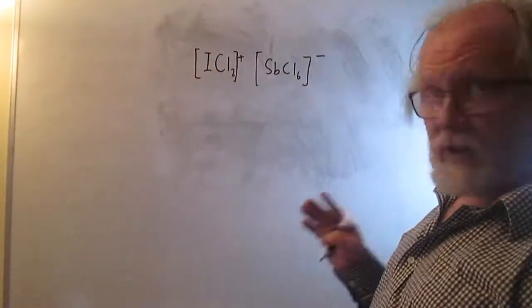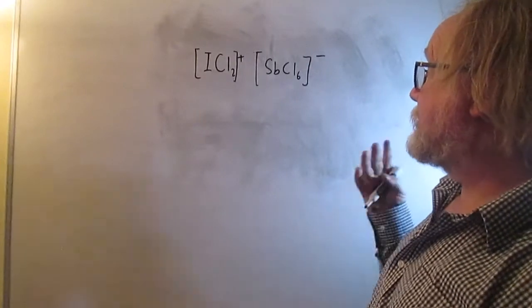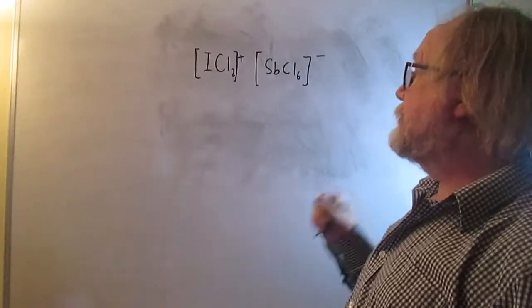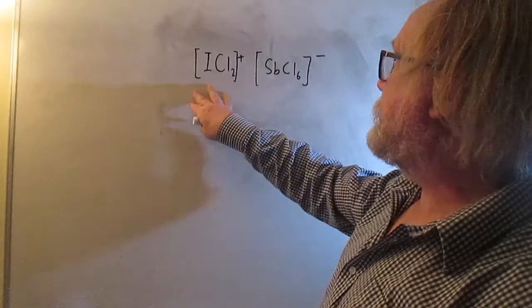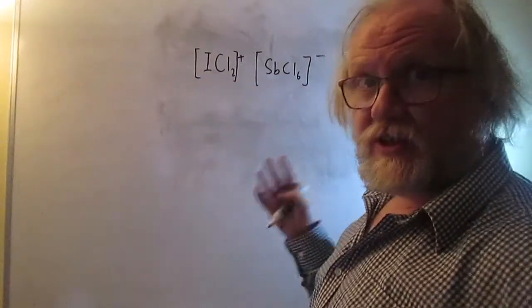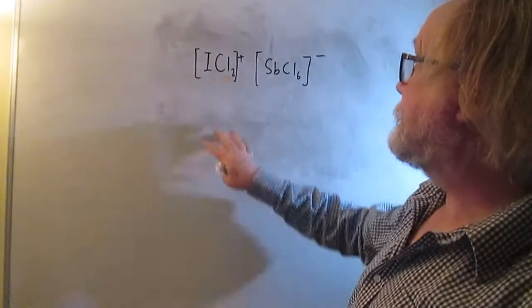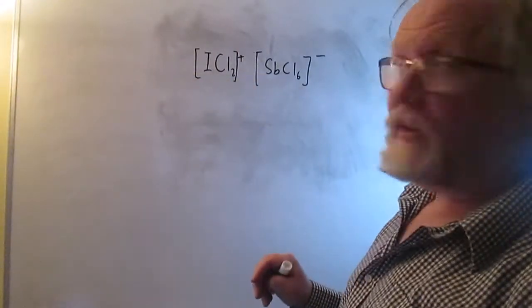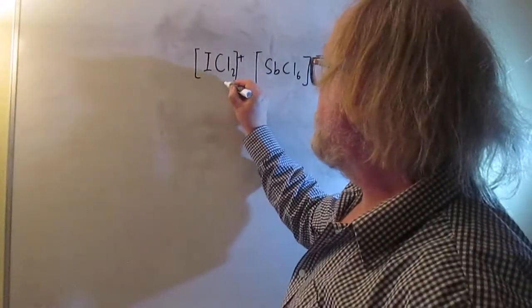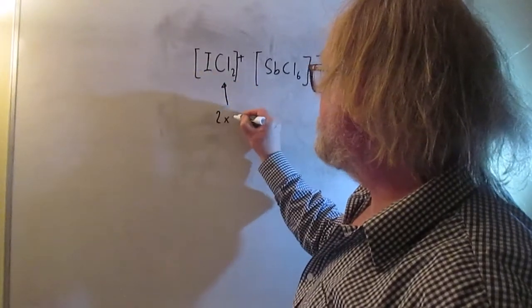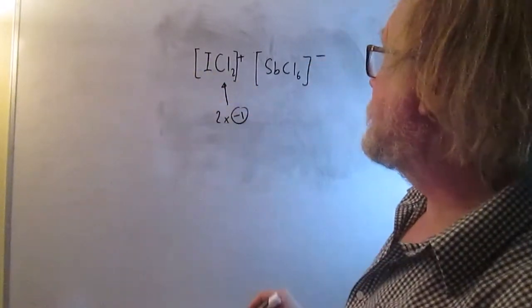Question 2 is a straightforward oxidation state question, so long as you remember that when you have ions you can just treat them as separate entities and use the oxidation state rules separately within one and the other. So here we've got two lots of -1 because it tells us chlorine is -1.